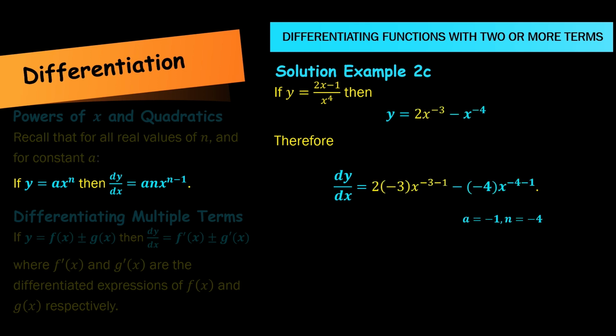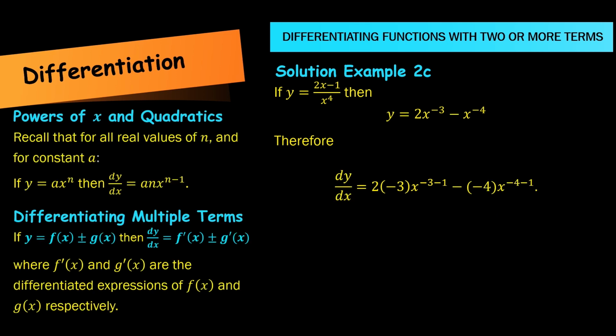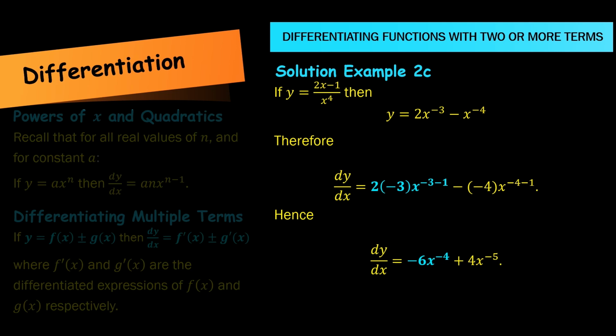And for the second term, minus x to the minus 4, we plug in a equals minus 1 and n equals minus 4, giving us this expression for dy/dx. This simplifies to the form dy/dx equals minus 6x to the minus 4 plus 4x to the minus 5.